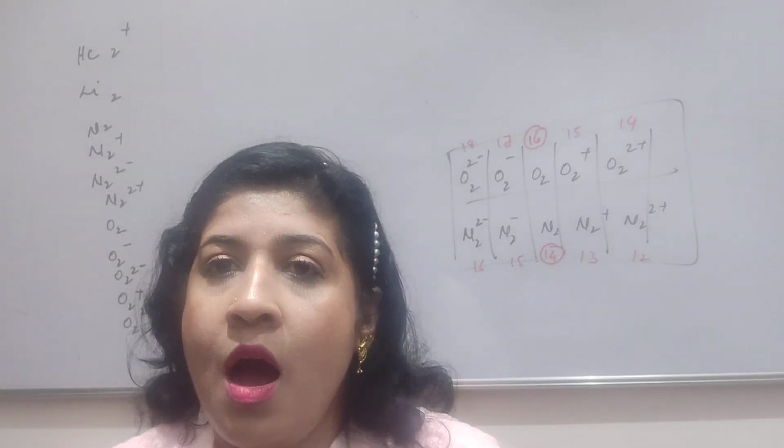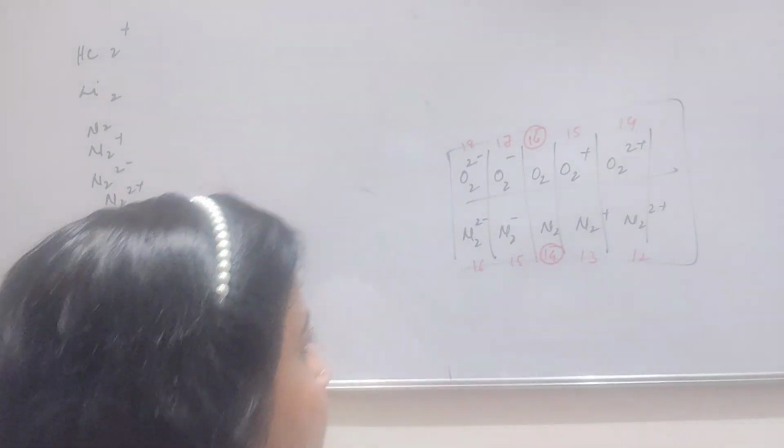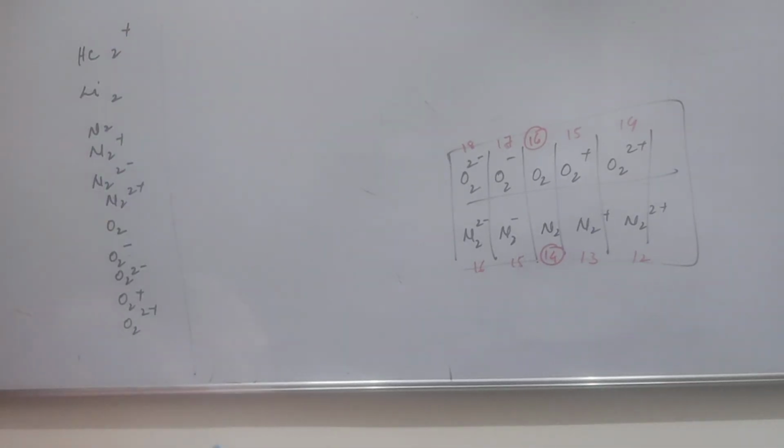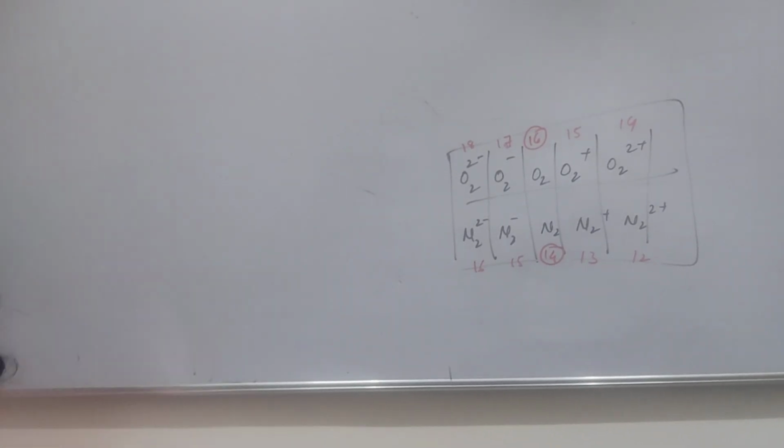Now, how to know the bond order and how to know the order of bond order? That is very easy. So I have just given you this many and many can be questioned. So how to know the bond order? For that, there is a simple way.